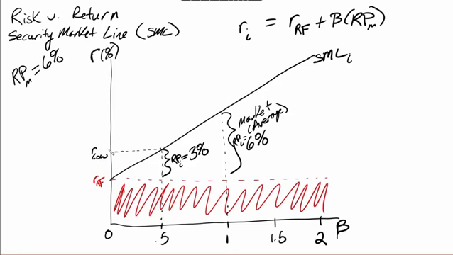Let's say we have a risk-free rate of 5%. So our low risk stock is going to be at 8%, because we have this amount down here, which is the risk-free rate, and then we add on top of that the risk premium.